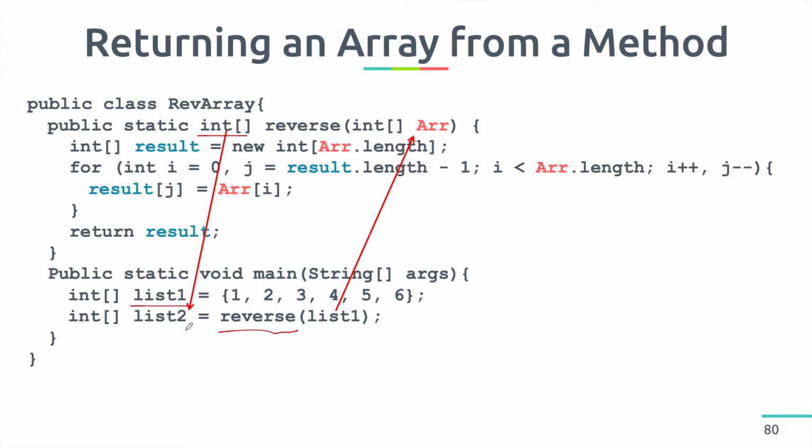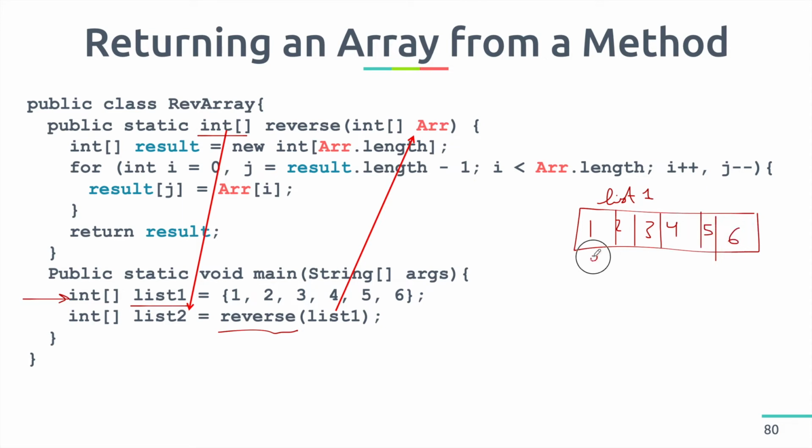So we start execution from the main method, and here we created an array, list 1, which has 6 elements, 1 up to 6: 1, 2, 3, 4, 5, and 6.